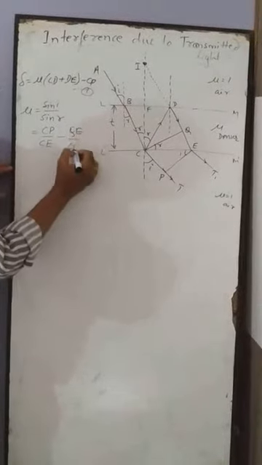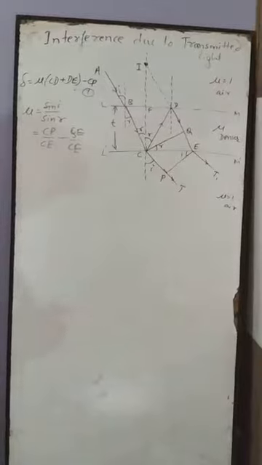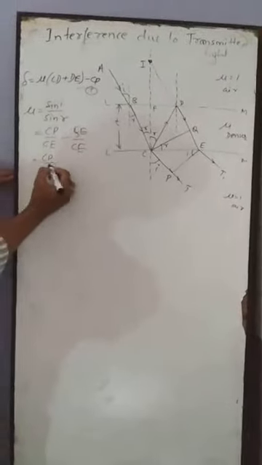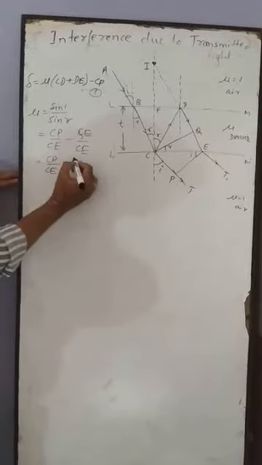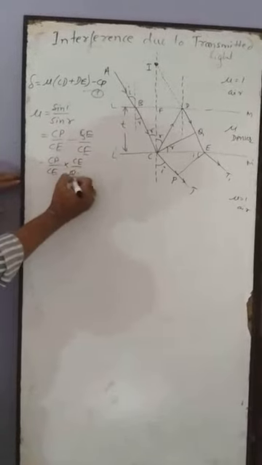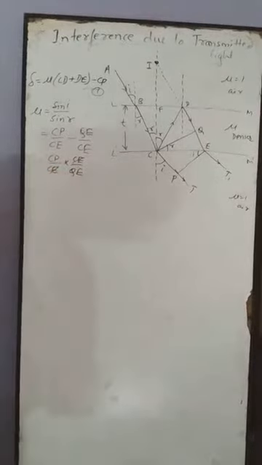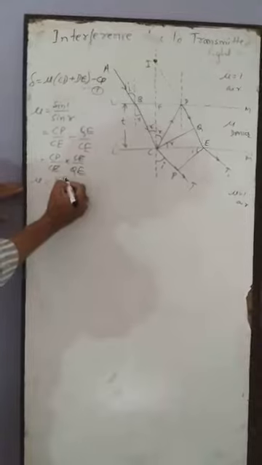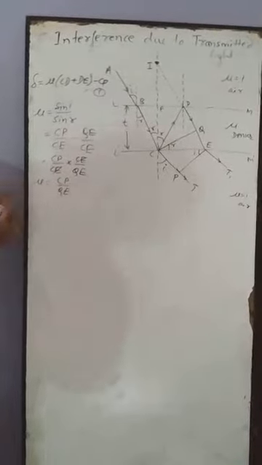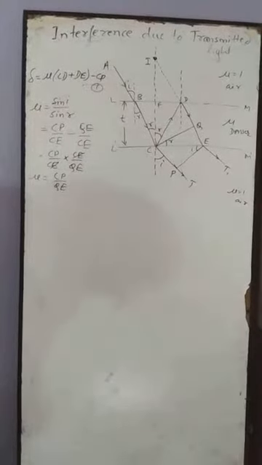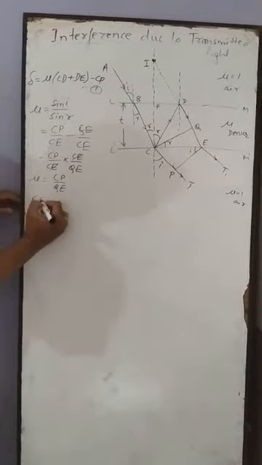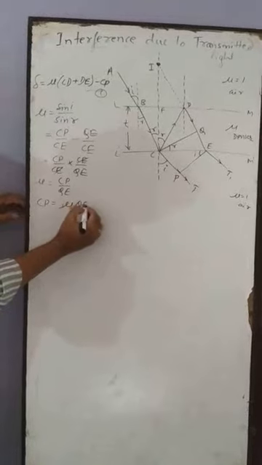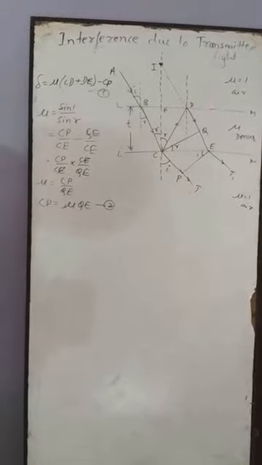Rearranging, CP divided by CE into CE divided by QE, CE gets cancelled. So mu is equal to CP divided by QE. Rearranging once again, CP is equal to mu into QE, called equation number 2.